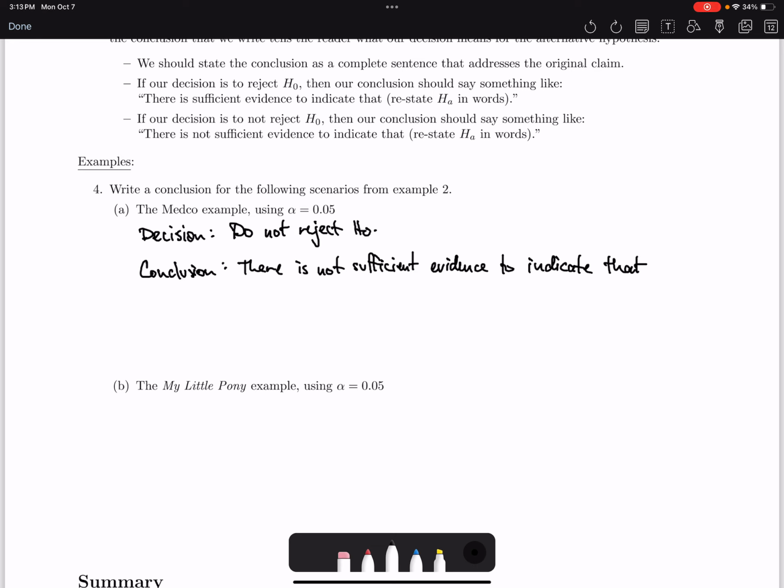So I'm going to say there is not sufficient evidence to indicate that more than 2% of children who take this antibiotic experience headaches as a side effect.